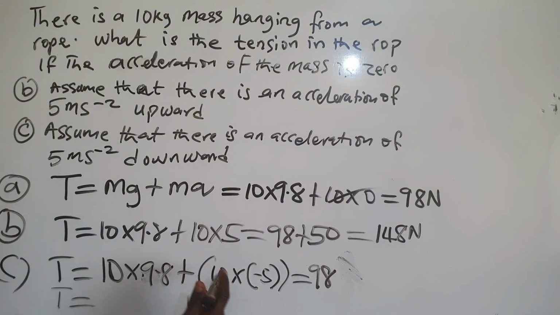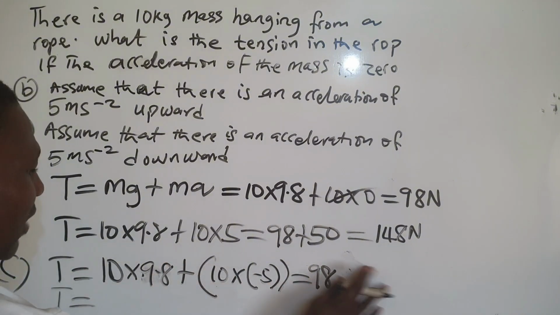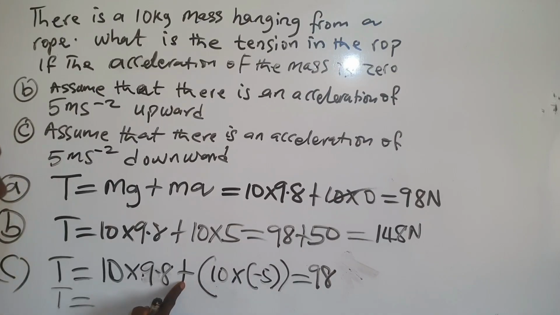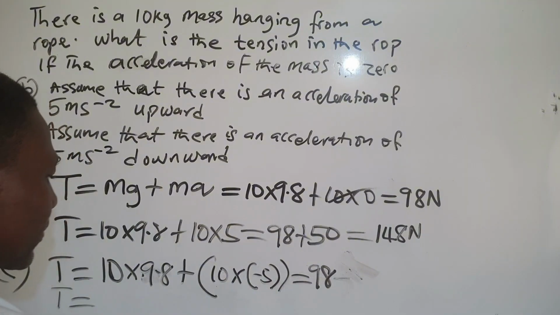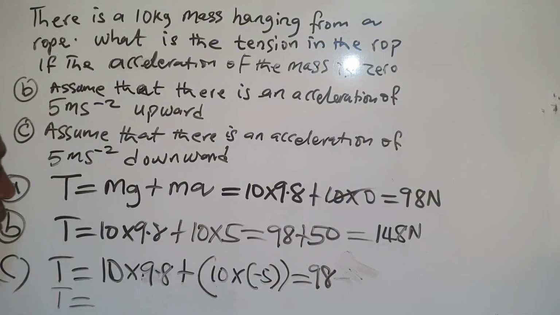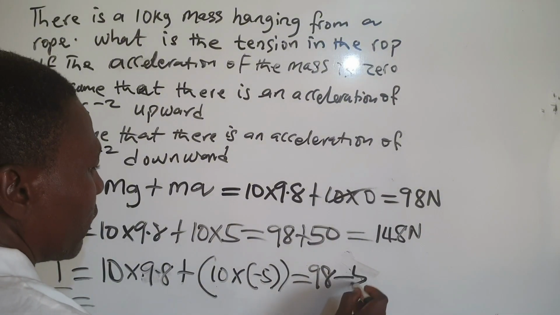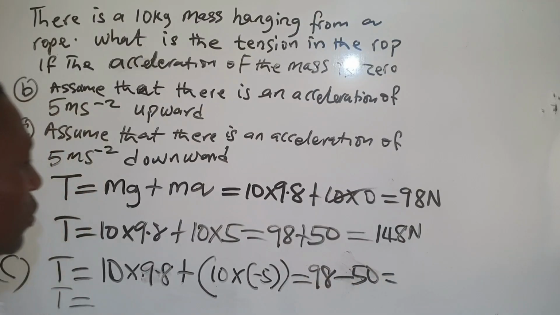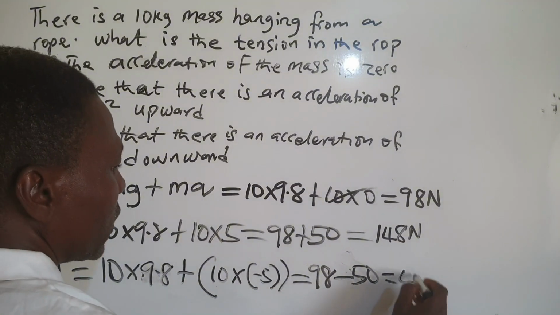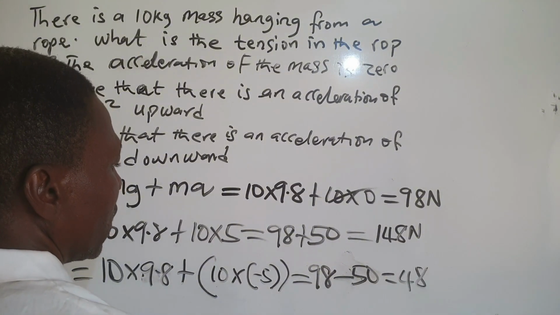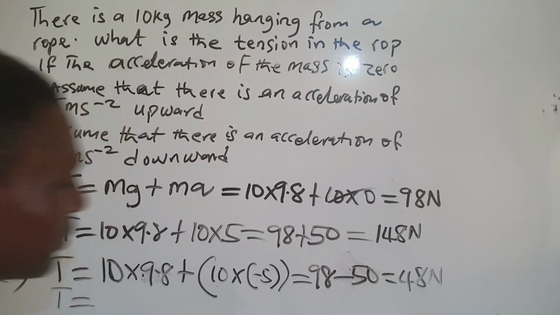Minus times plus is minus. So minus 50 we will now have, that minus will affect plus, because minus times plus is negative. So what will be here is minus 50. So the final answer now is 98 minus 50 is 48 Newton.